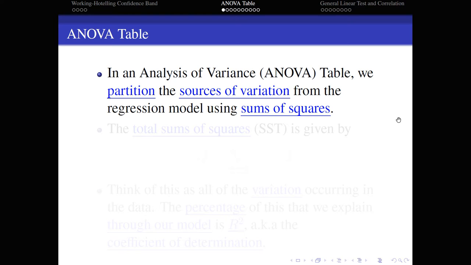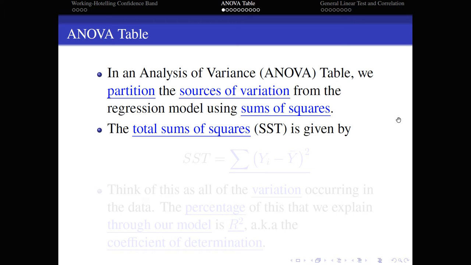But ultimately, the goal is to break down how our outcome is changing and which components are most associated with changes in the outcome. So typically what we do to look at sources of variation is we use the sums of squares. So the sums of squares tends to be this source of variability that we use, and then we break down those components even further.